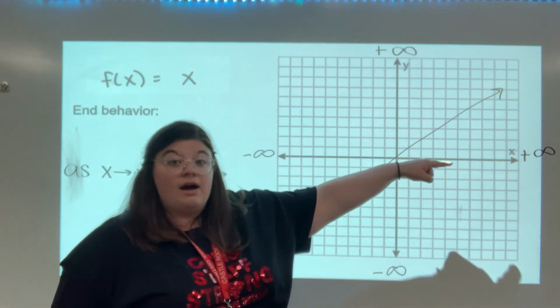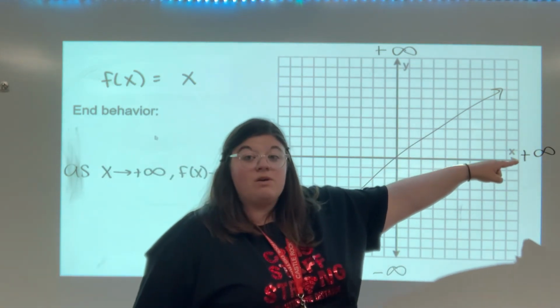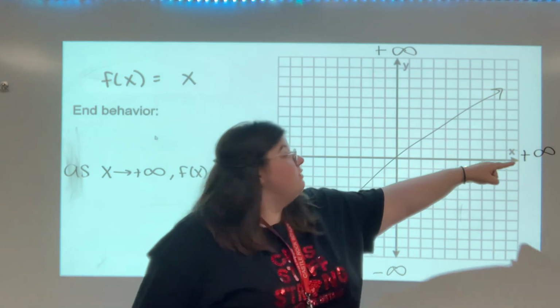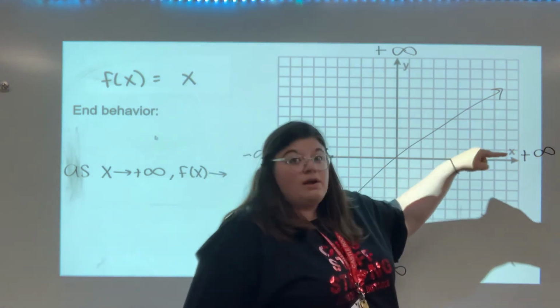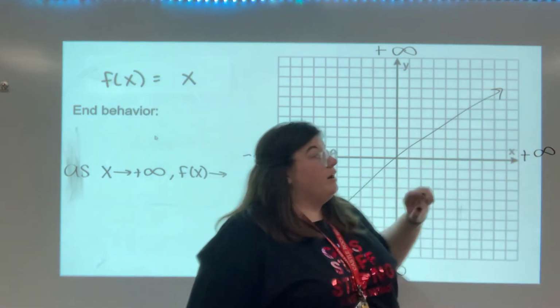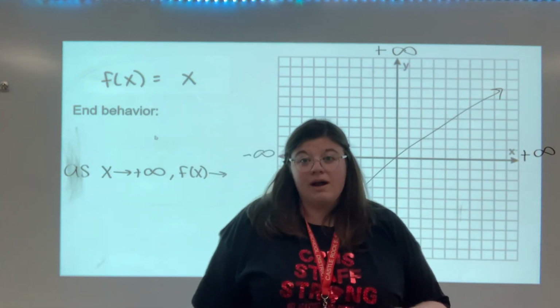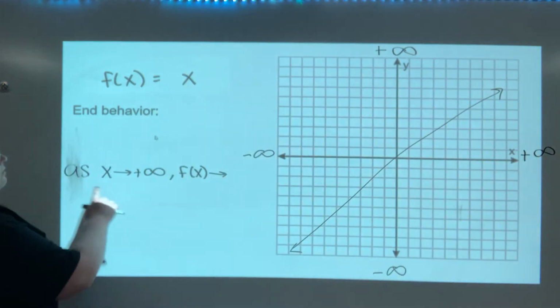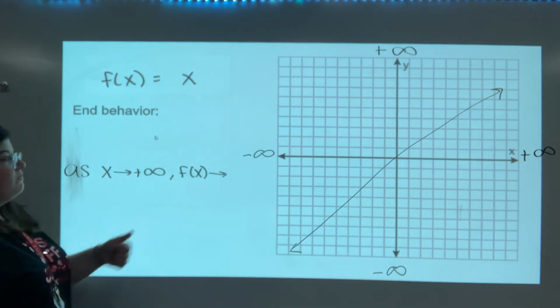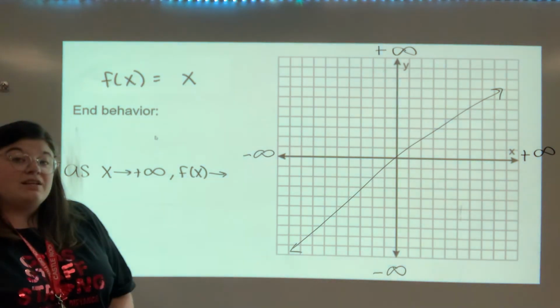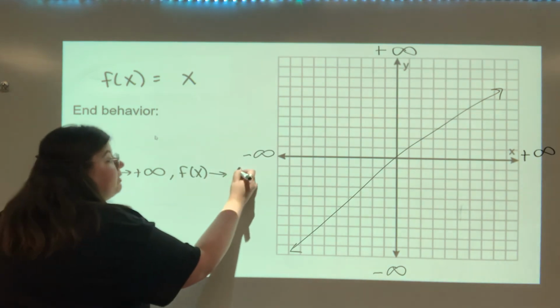We're heading towards positive infinity. What's happening to my y values? What's happening to my graph? I see that as I go this way, my numbers are going up as well, right? We're going up this way towards positive infinity on my y-axis. So as x goes to positive infinity, here our f of x values also go to positive infinity.